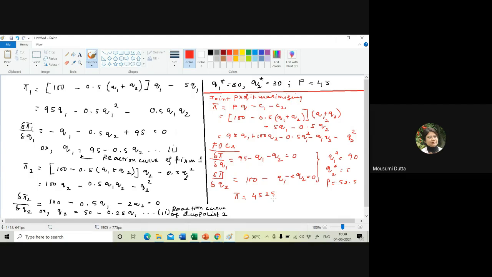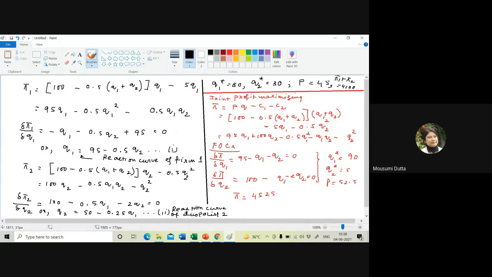Find out pi 1 plus pi 2 in the earlier case. Ma'am, it is 3200 and 900, which means total 4100 for the previous case. Yes, ma'am. This is absolutely fine.